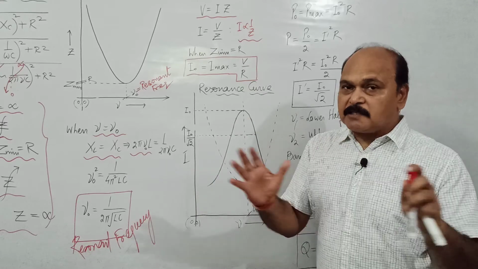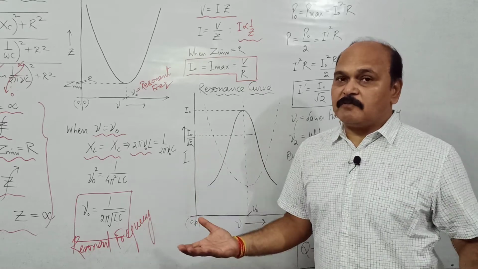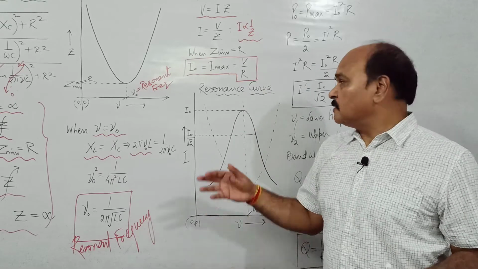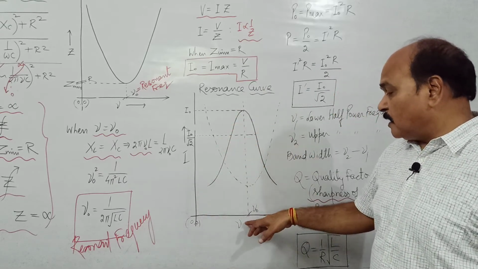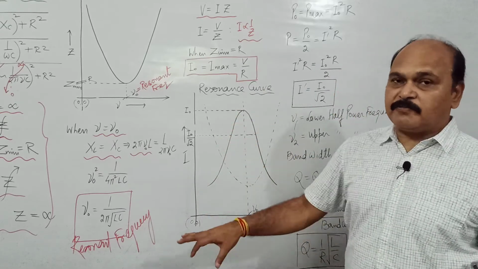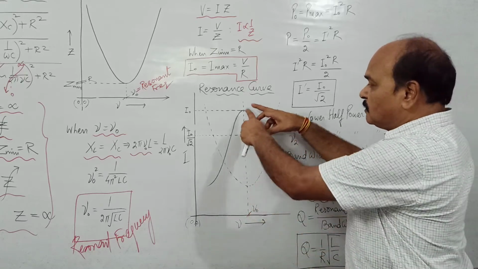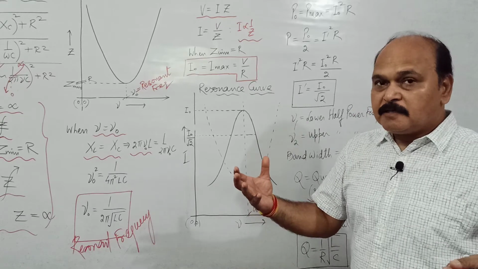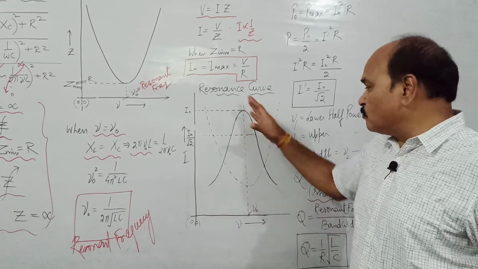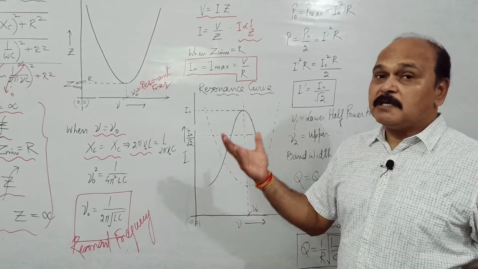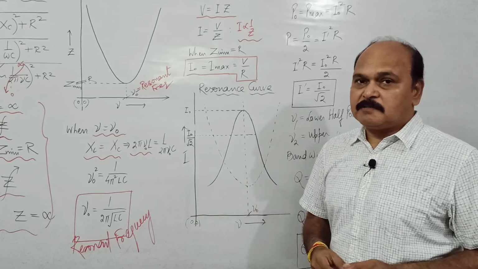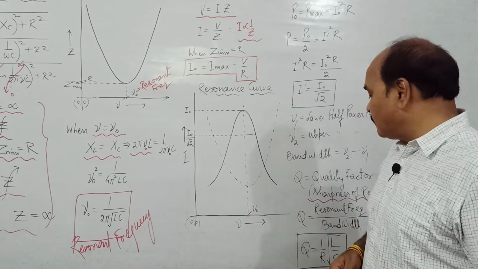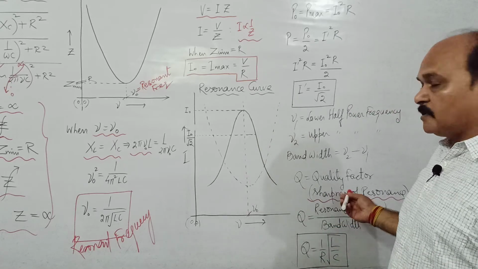And as we change the frequency of AC source, the current shoots down. As we increase or decrease the frequency, in both situations the current shoots down. And the rapidity with which the current shoots down is what is called sharpness of resonance. This sharpness of resonance is mathematically defined by a term quality factor.